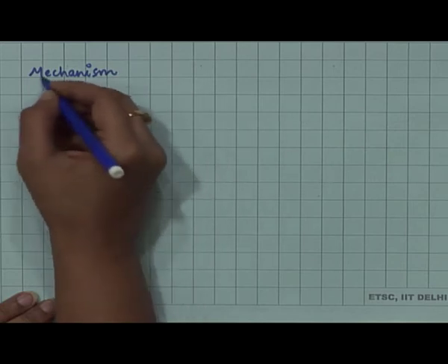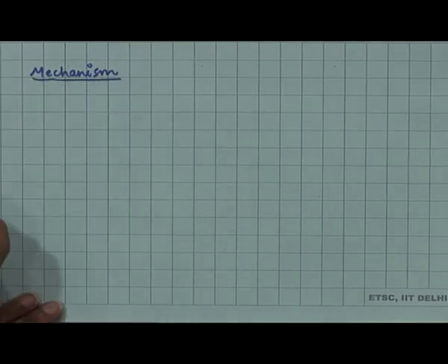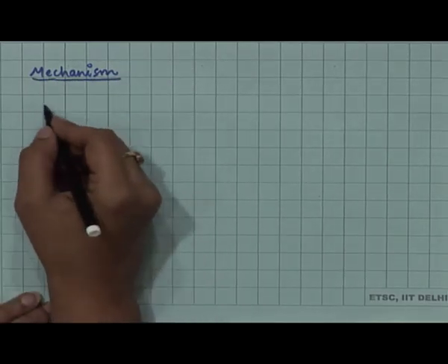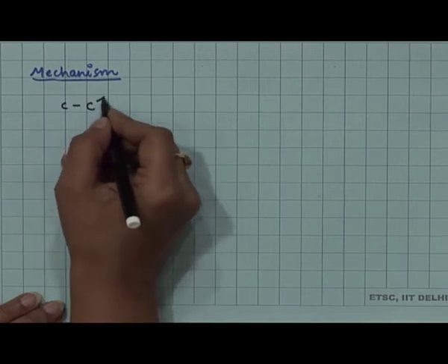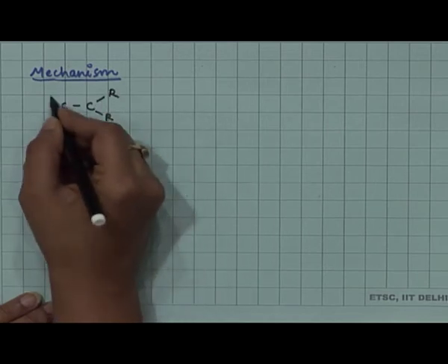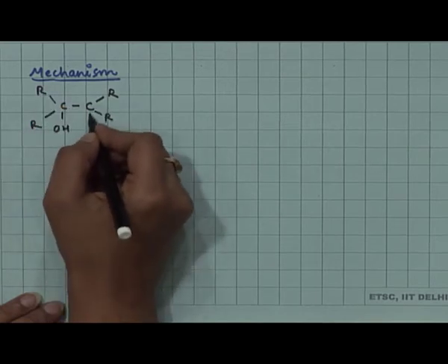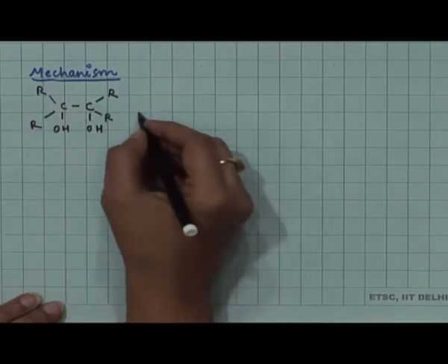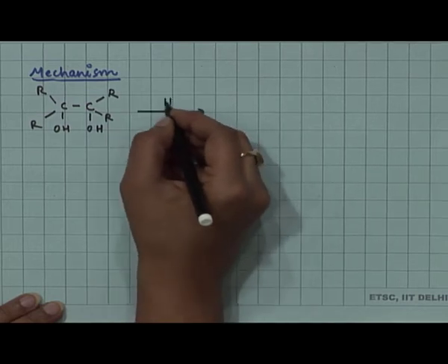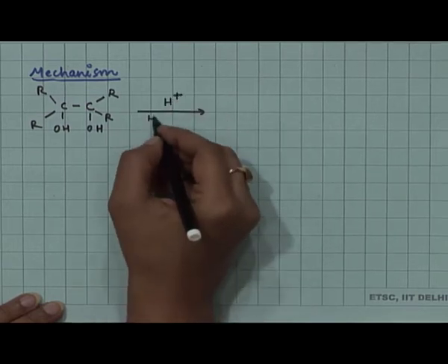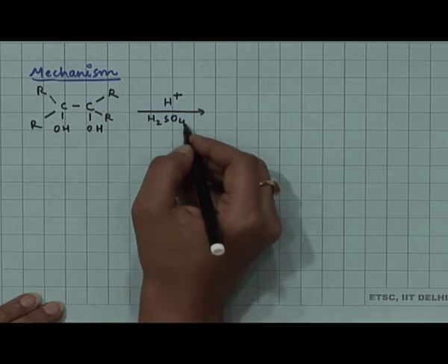So, what is the mechanism of this reaction, which is carried out in the presence of concentrated H2SO4? You are starting with your di-tertiary diol, and you are treating it with the acid. You are subjecting it to acidic conditions.